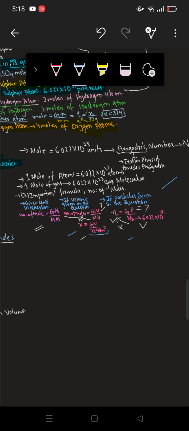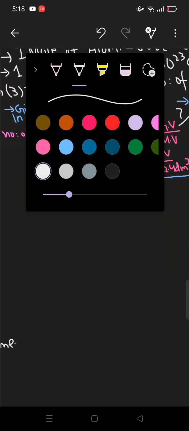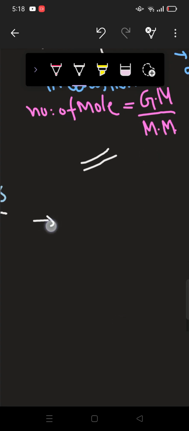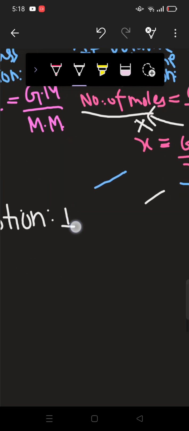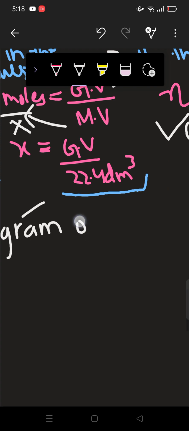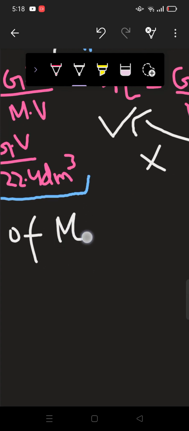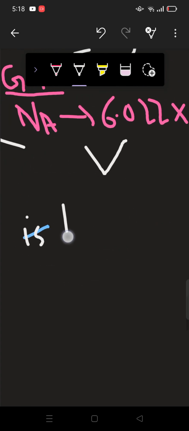Now we are going to start our stoichiometry, right? So suppose I have a question. The question is, if 16 gram of methane, we know what methane is, it is CH4, right? Methane is burned.